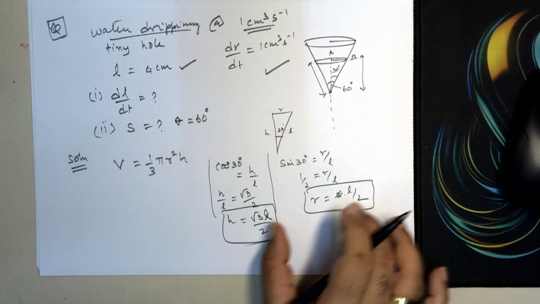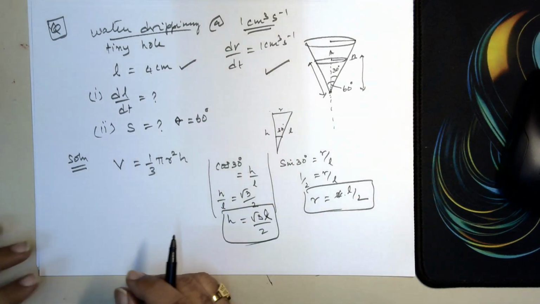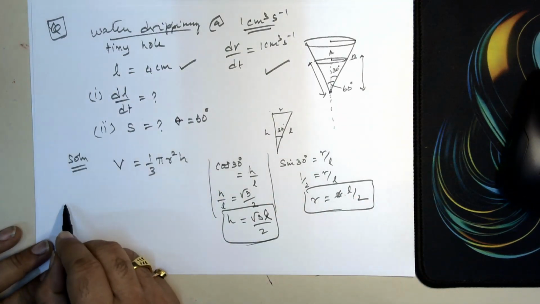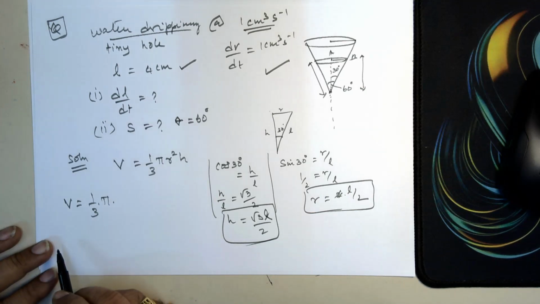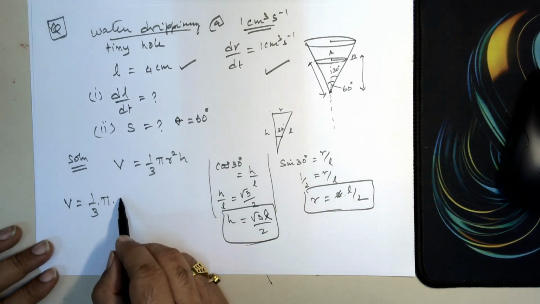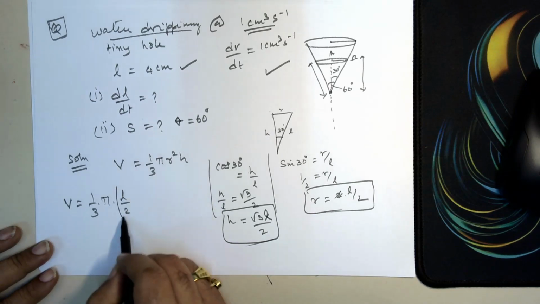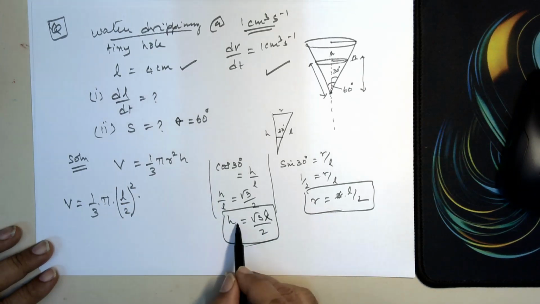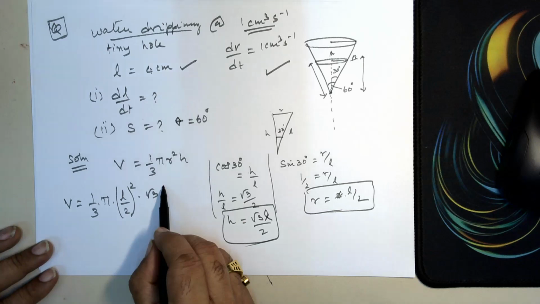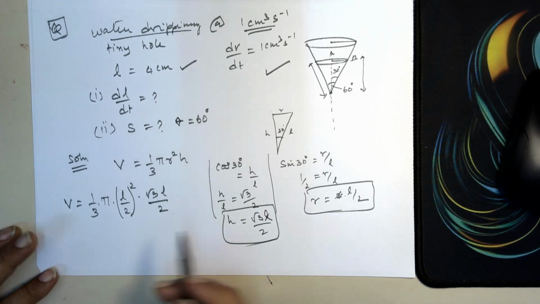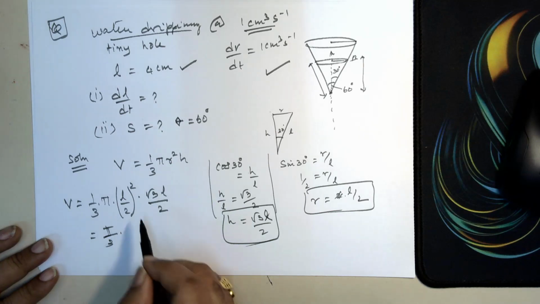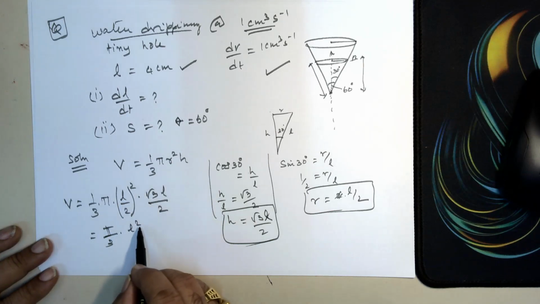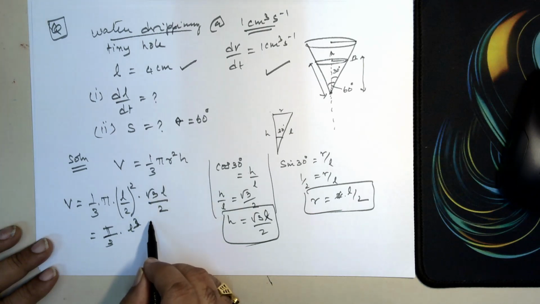Both of them are in terms of L, so we can comfortably substitute it, because L is given here. Therefore, V is equal to 1 by 3 pi, and instead of R, you put R squared, L by 2 the whole square, and instead of H, you put root 3 L divided by 2, right? So 1 by 3, that is pi by 3, into L squared, and this is L, so L cube, and you have root 3 also.